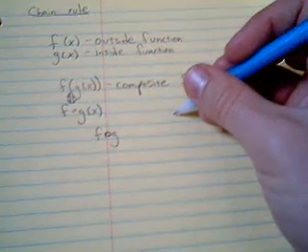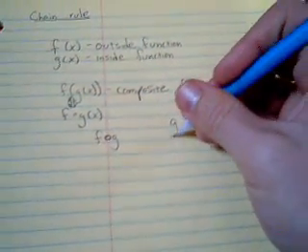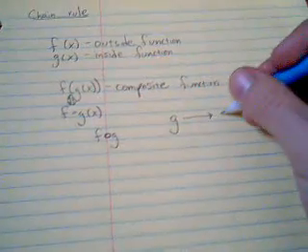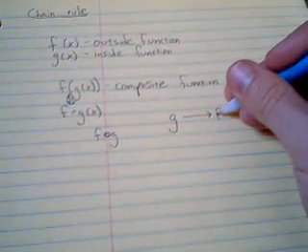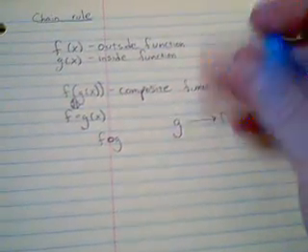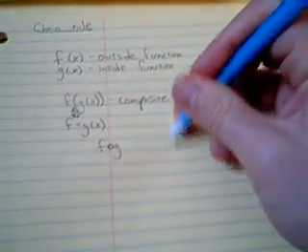And then you can also express this. What would be happening is you'd be taking g, and then you would map it to... Oh, I'm sorry.